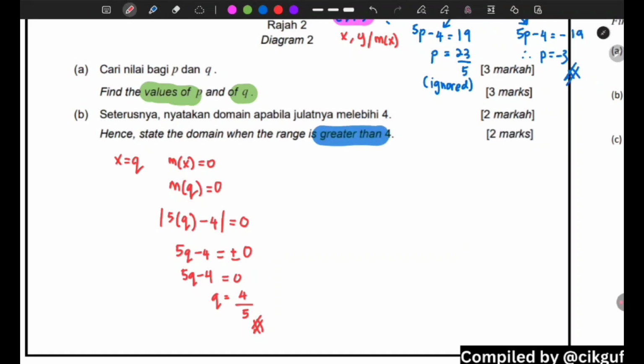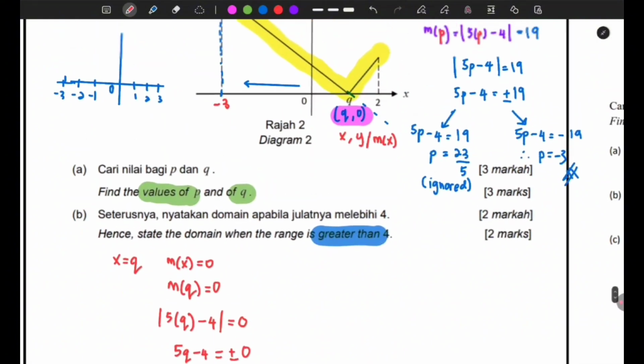So I think it should be too straightforward. Range of domain, state the domain. Domain means your x, isn't it? So your x is this line.